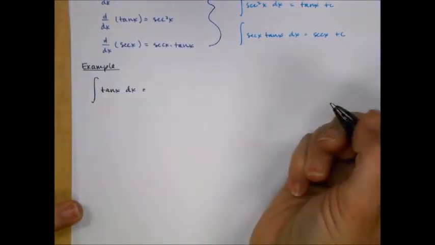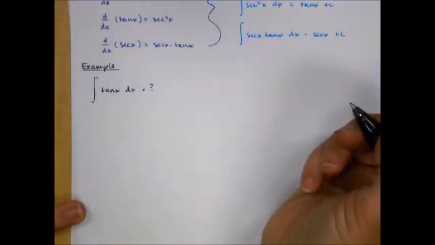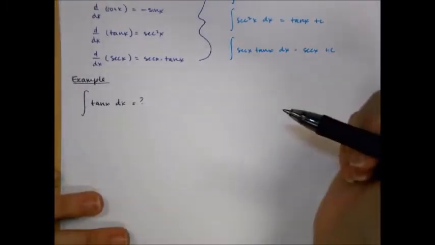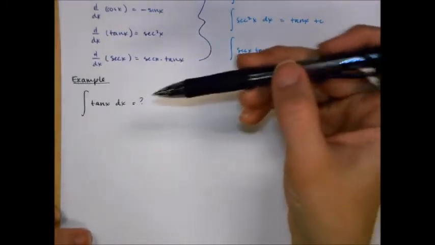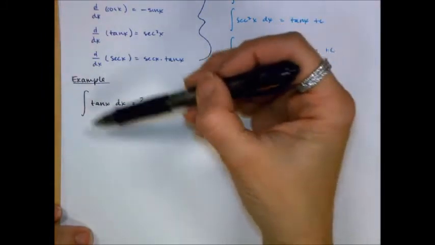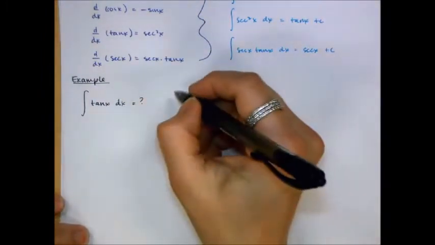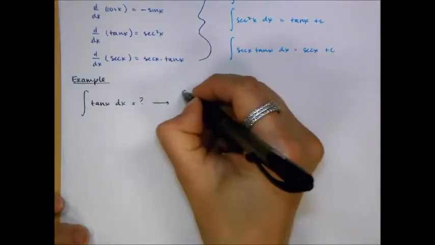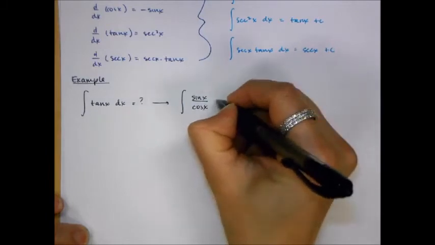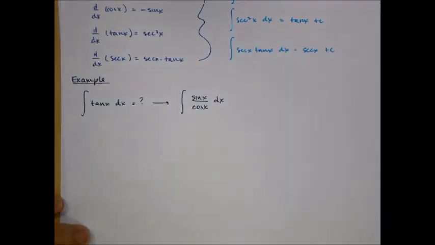All right, so in order to do this, we're going to use our first formulas that we already know. Actually, we're going to use the second one, which is integrating 1 over u. So what I'll do is rewrite tangent as a fraction. We're going to write it as sine over cosine. So now I can throw in some substitution.